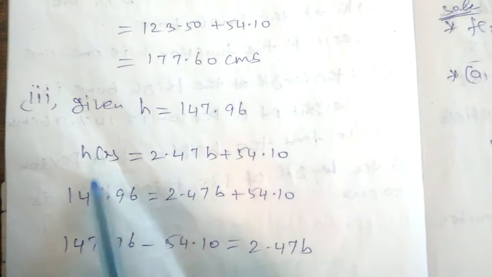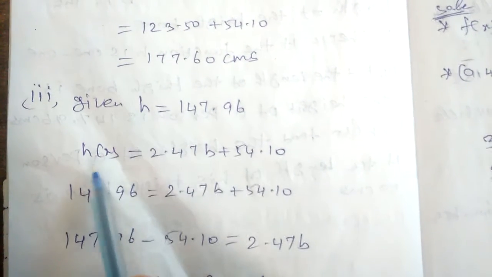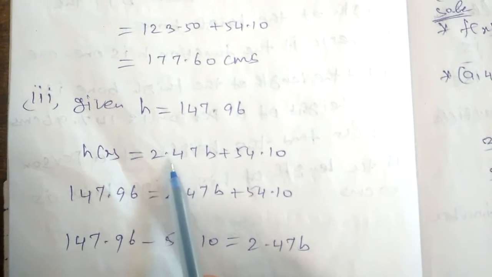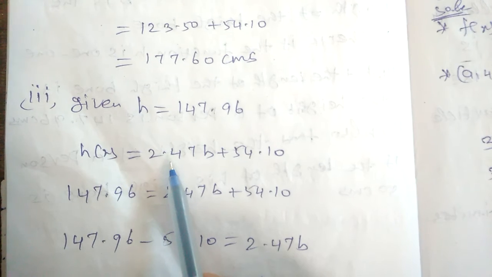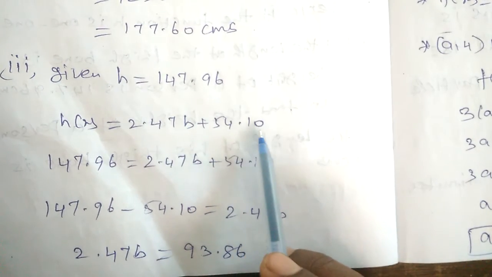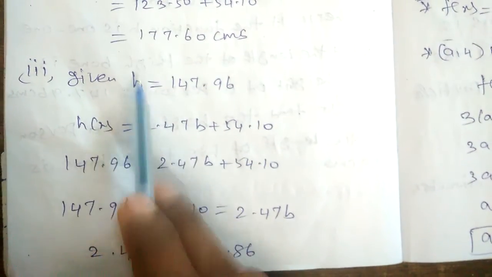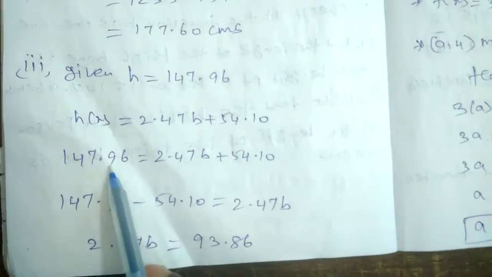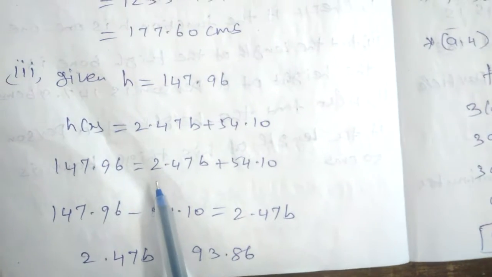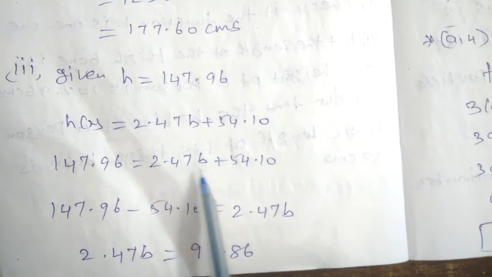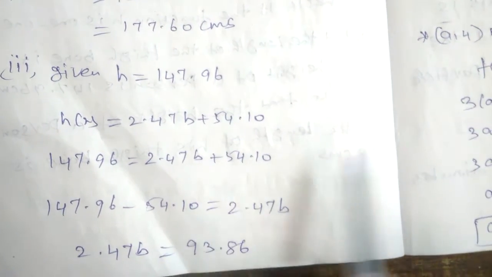The third question, given h is equal to 147.96. Therefore we substitute in the equation h of b equal to 2.47b plus 54.10. 147.96 equals 2.47b plus 54.10.